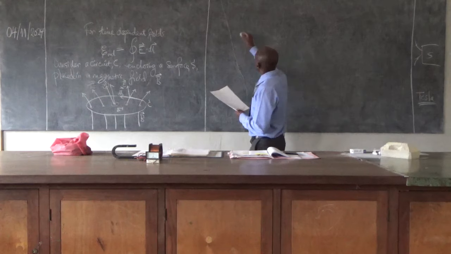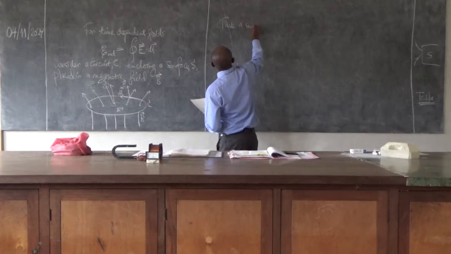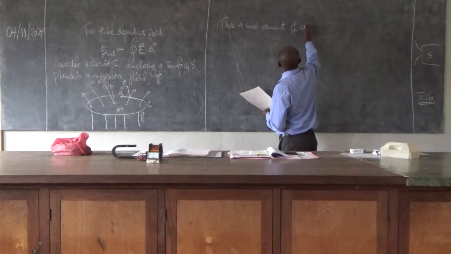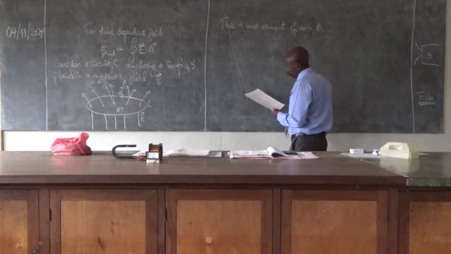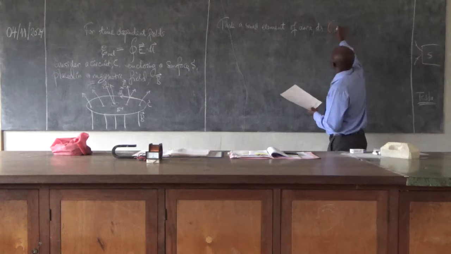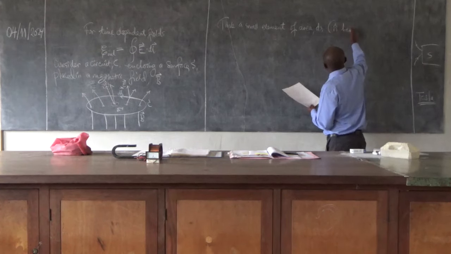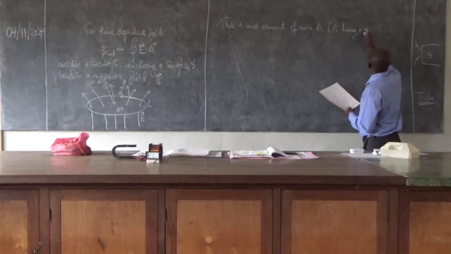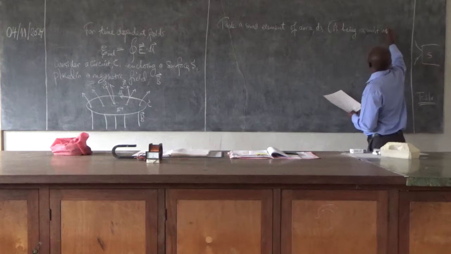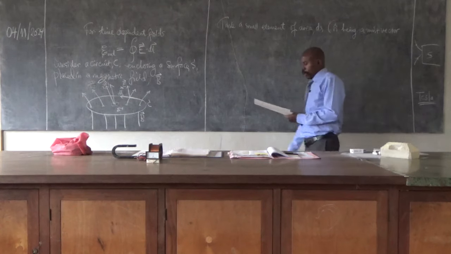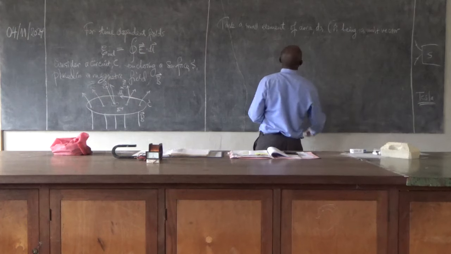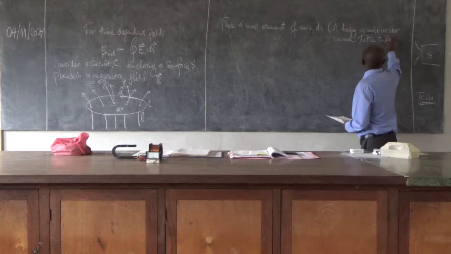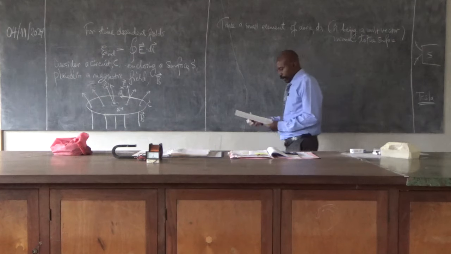So take a small element of area dS, and let n be a unit vector normal to the surface.